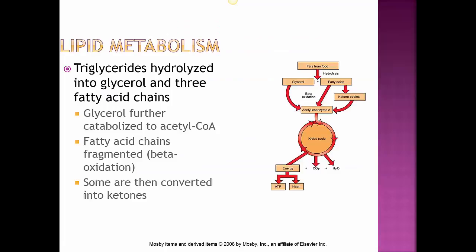Lipid metabolism. In lipid metabolism, we have something called hydrolyzation. So triglycerides are hydrolyzed into glycerol and 3-chain fatty acids. This actually means that when something's hydrolyzed, hydrogen ions are lost. And so we can take those fatty acids that are long-chain carbons.